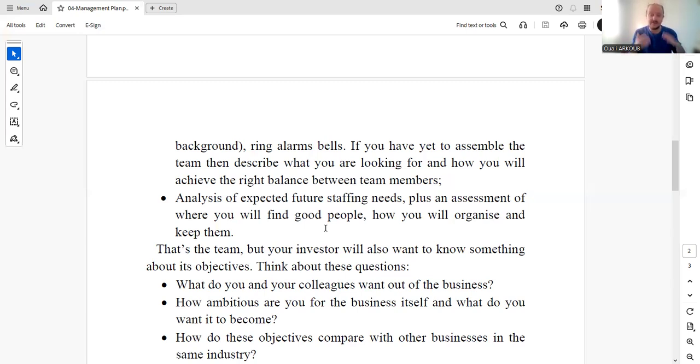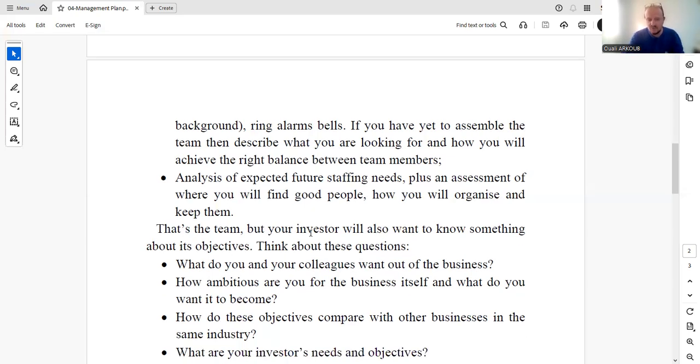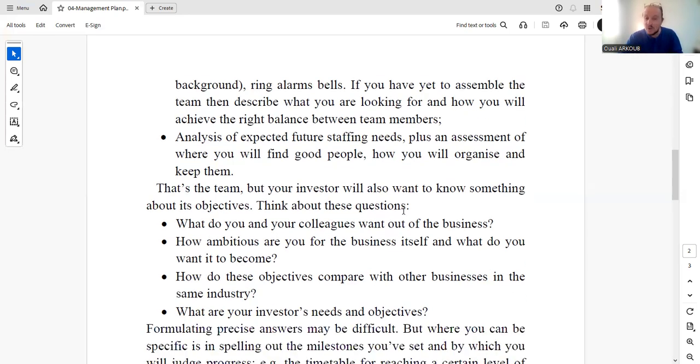If you have a future vision about your business and its destination, how do these objectives compare with other businesses in the same industry, with the competitors? What are your investors' needs and objectives?